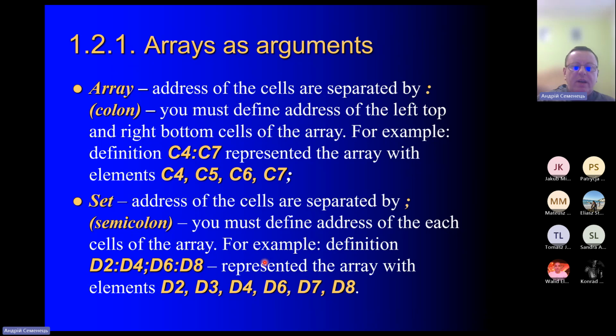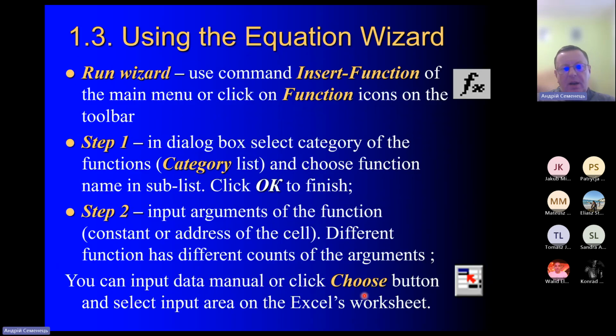Array, when we use a colon, and in this case all in-between cells will be used as arguments, and sets, when we delimit our arguments by semicolon, and then we will construct structures like this one. This way we can combine two arrays. Okay, I think that should be enough about the introduction to techniques.